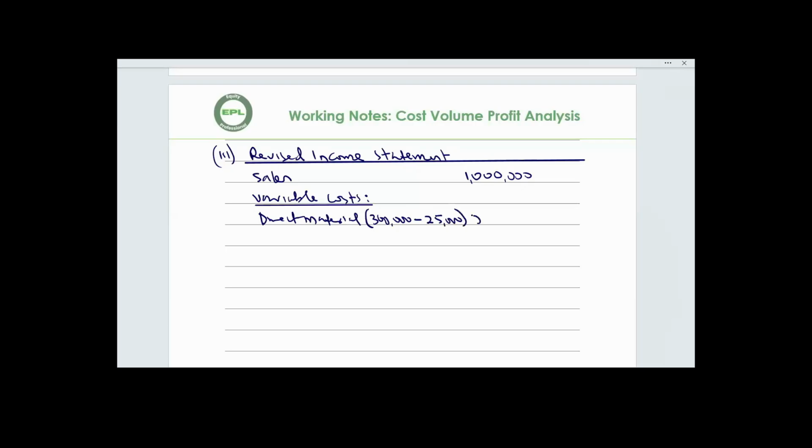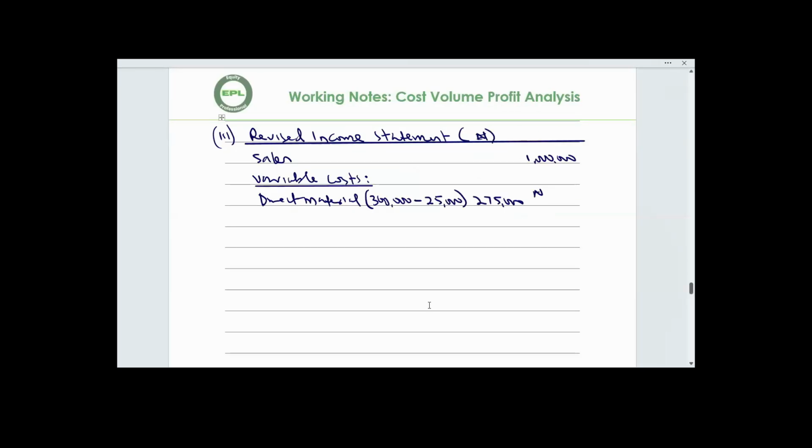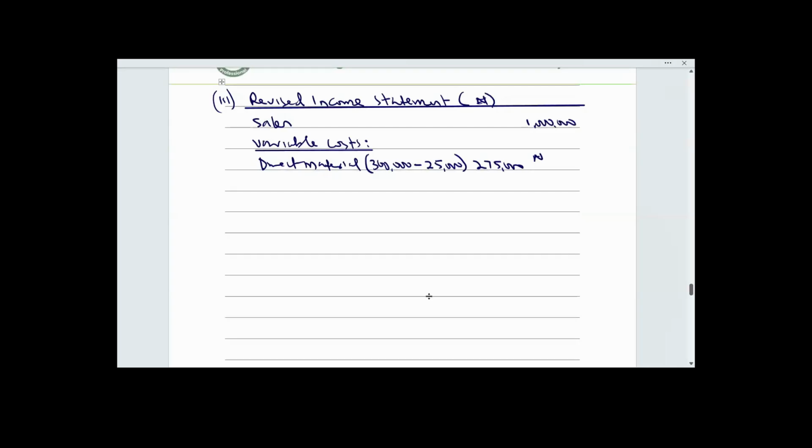This will give us 275,000. Also, direct labor is currently 300,000. And we are saving 25,000. So the revised direct labor is 275,000.